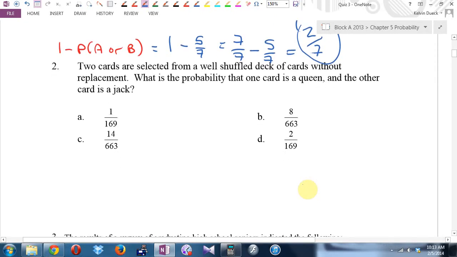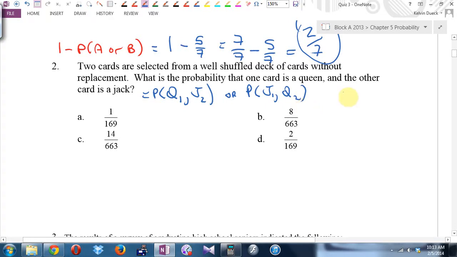The answer to this is going to be the probability that you got a queen on the first, a jack on the second, or the probability that you got a jack on the first, a queen on the second. Technically, 2 trees.